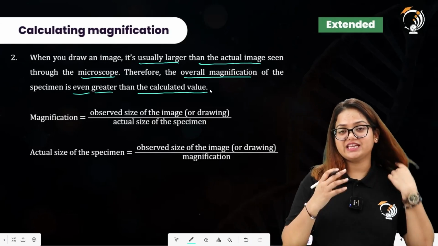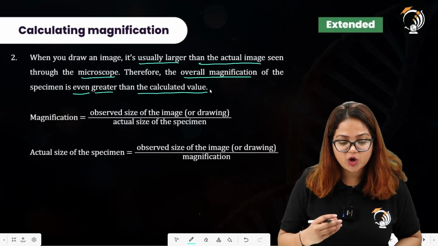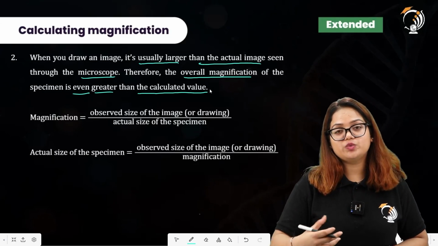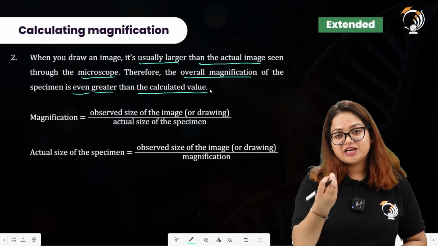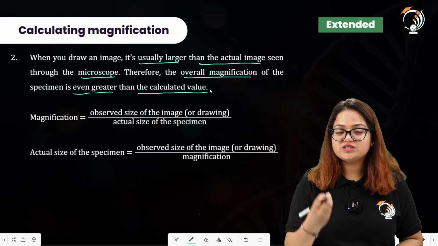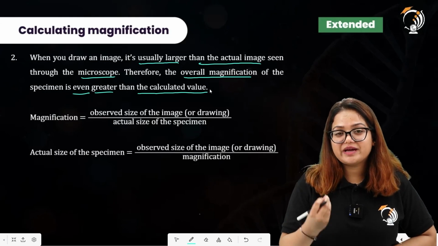Whenever you are drawing any image, you are basically already magnifying it many times, since that particular structure was not able to be visualized by our naked eyes.